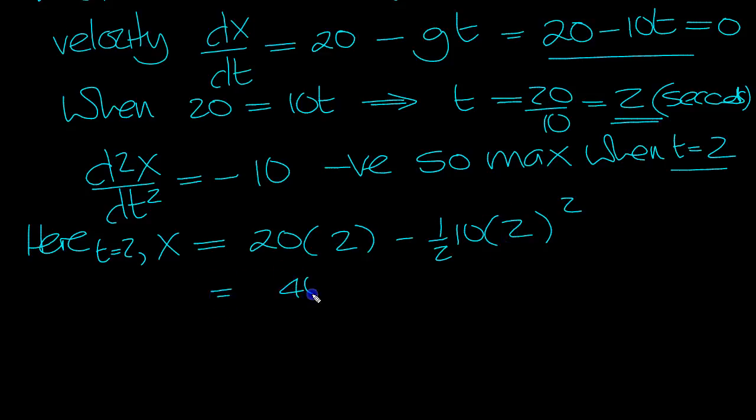So we get 40 minus 5 times 4 is 20. So we get 20 meters. 5 times 4 is 20. 40 minus 20 is 20. Okay, good. So that was that part done.